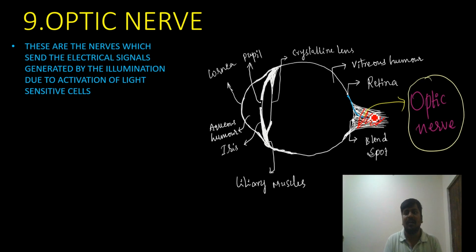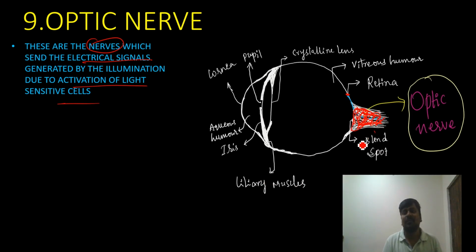These are the nerves which send the electrical signals generated by the illumination due to activation of light cells at the retina. The image will be converted into electrical signals, and those signals will be sent to the brain through the optic nerves, right? So that is about optic nerve.